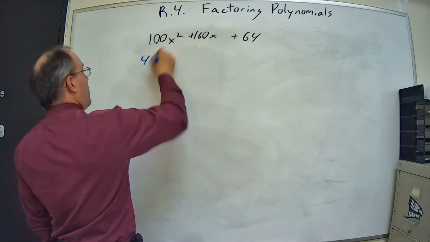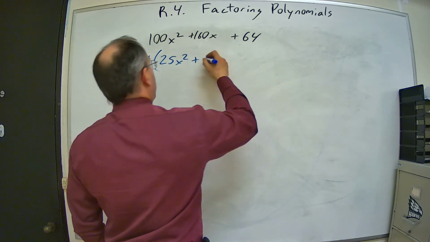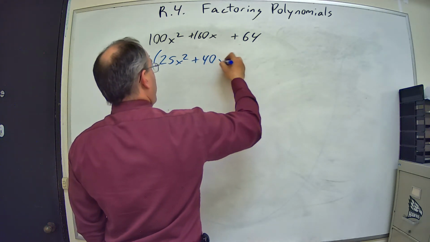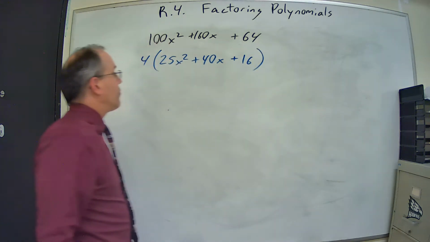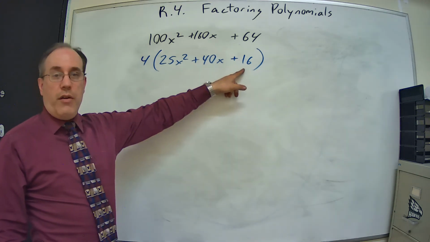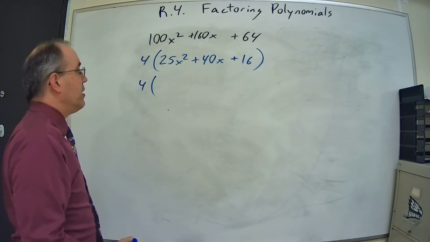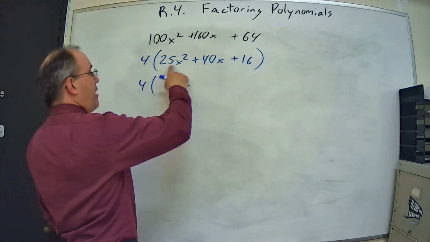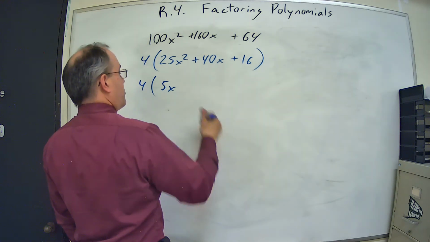So I have 4, and it leaves me with 25x squared plus 40x plus 16. Perfect square, perfect square. Don't forget this 4 on the outside here. So the square root of 25x squared is 5x. The square root of 16 is 4.